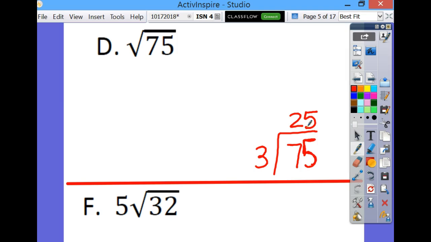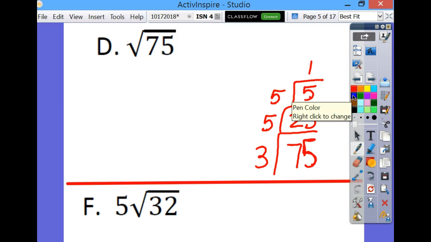Will 3 go into 25? What's the next biggest number that's going to go into 25? 5 will go into 5. 5 will divide into 5, and you keep going until you get a 1 for your answer. That's how you know that you can stop.